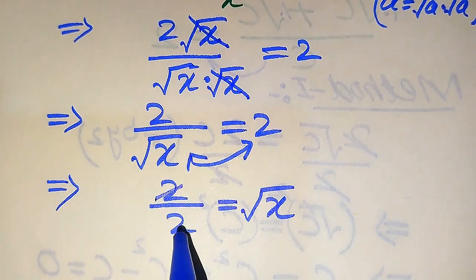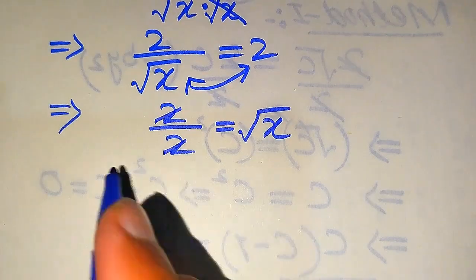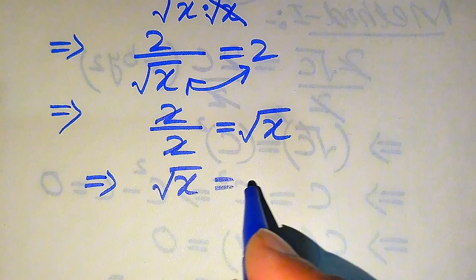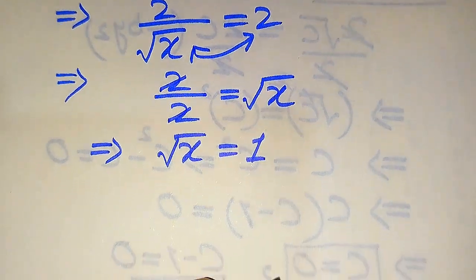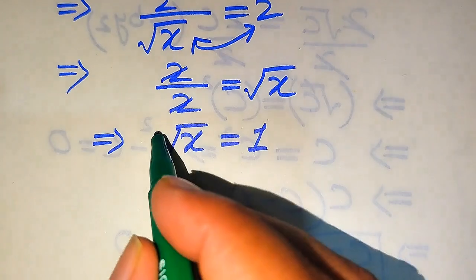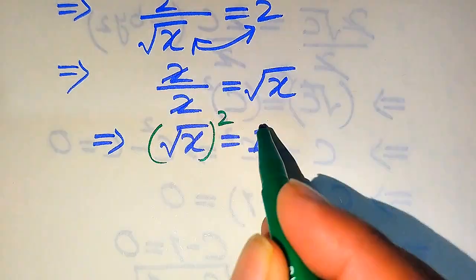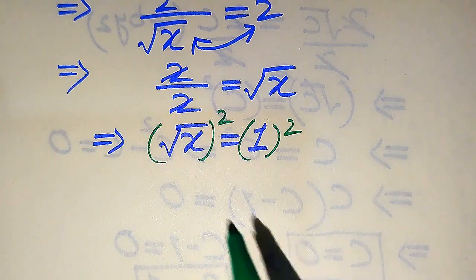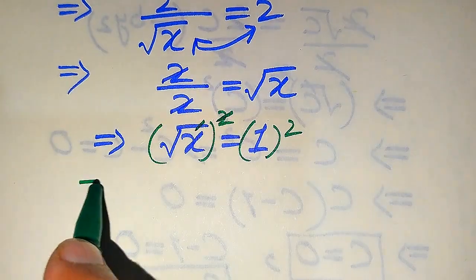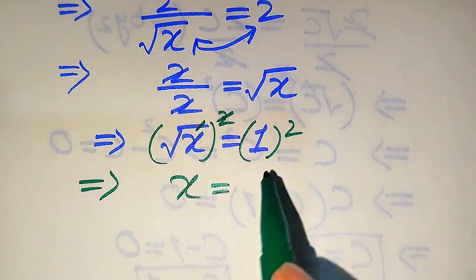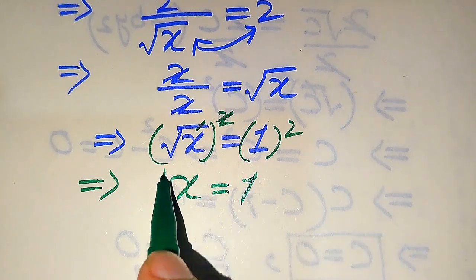You see this 2 is cancelled out by these 2, and we get square root of x equals 1. So in order to find the value of x, we need to take the square on both sides in order to remove this square root sign from the left hand side. So you see this 2 and this square root are gone, and we get the value of x equals 1 squared, which equals 1.